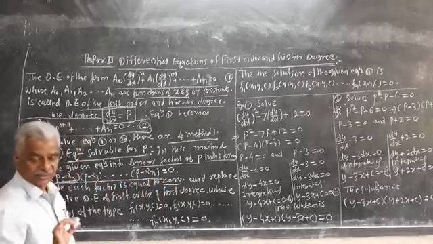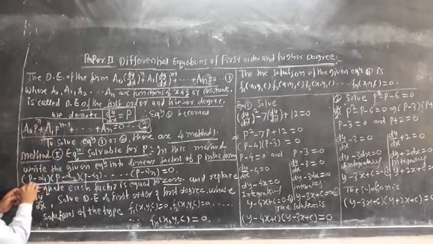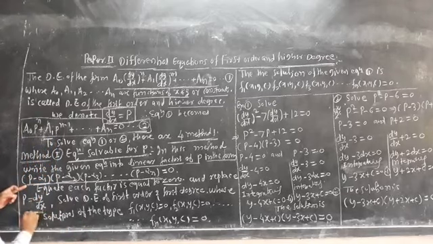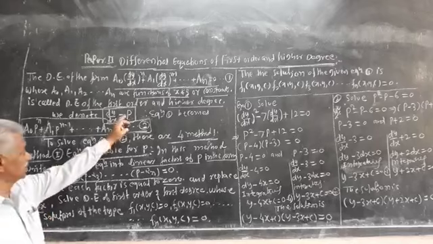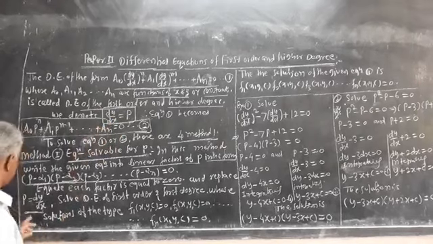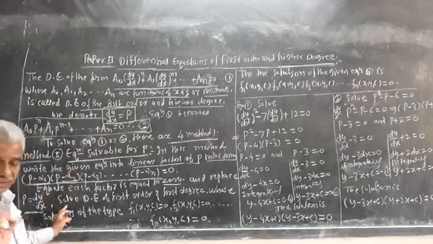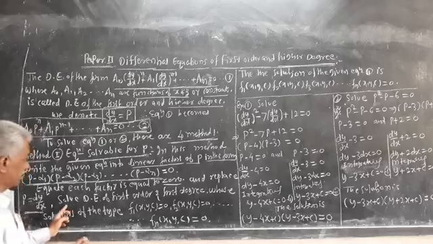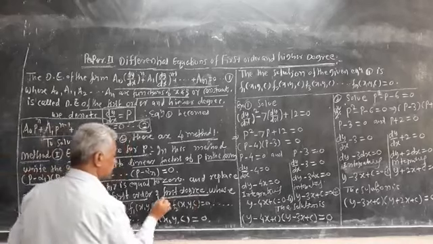In each factor containing p, substitute p equal to dy by dx, since we know p is dy by dx. By substituting, we will get a differential equation of first order and first degree.